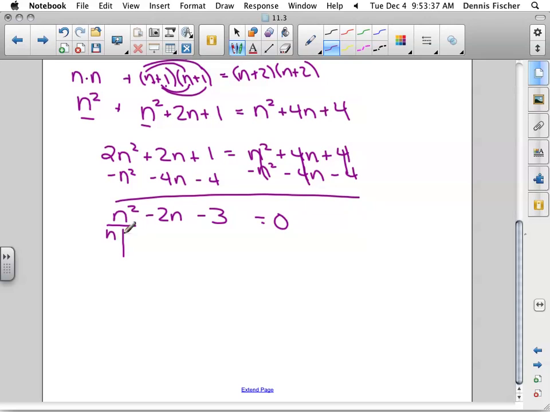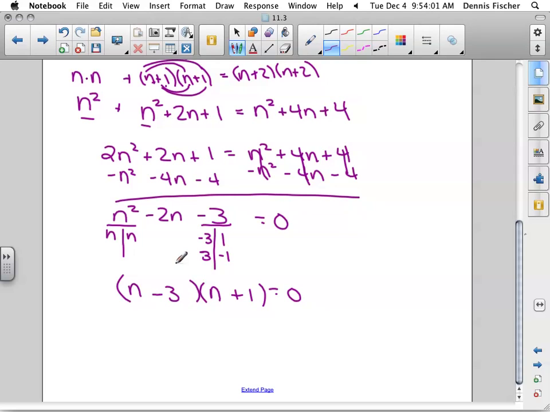I have n and n. And I have a negative 3 and a positive 1, positive 3 and a negative 1. Now I want a negative 2 in the middle, so I've got n and n, minus 3 and a positive 1, which will give me my middle term.